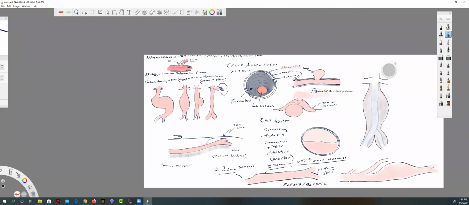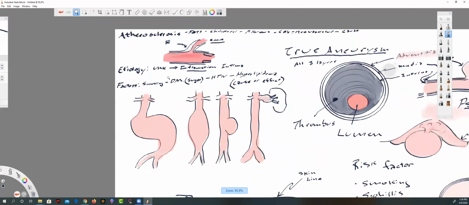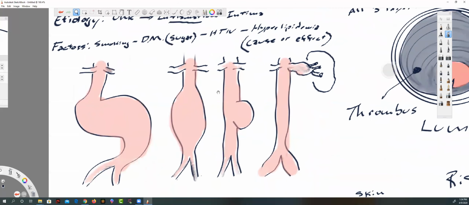So I already mentioned that there are true aneurysms and pseudoaneurysms. Those just involve what's involved: all 3 layers, or 1 layer, or all 3 layers broken. But aneurysms also come in different shapes.